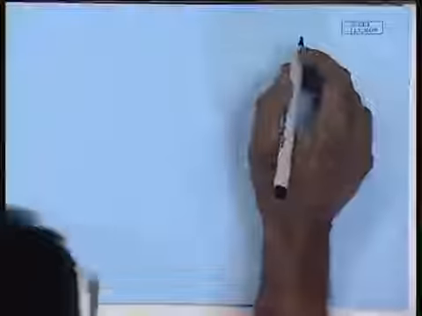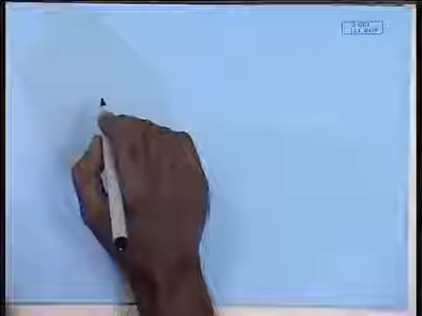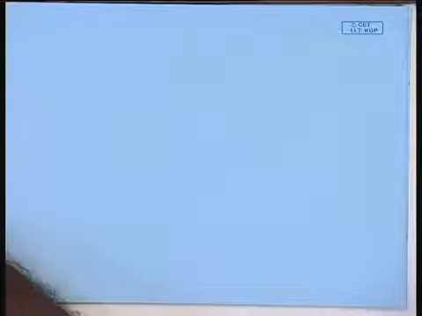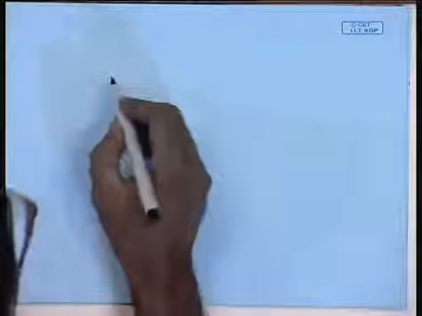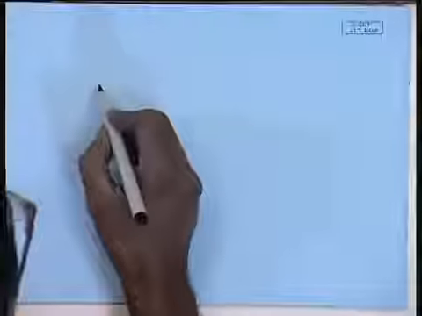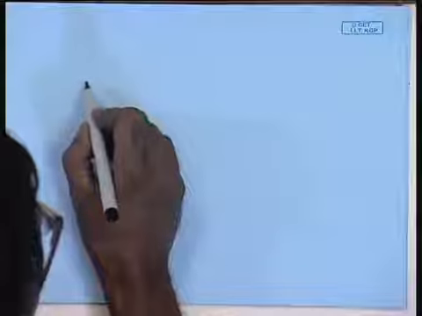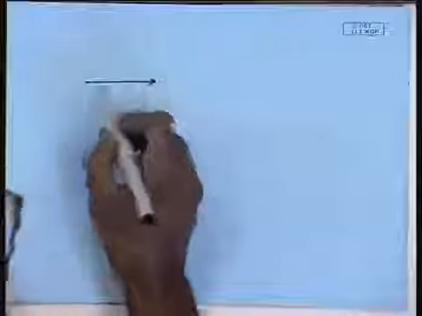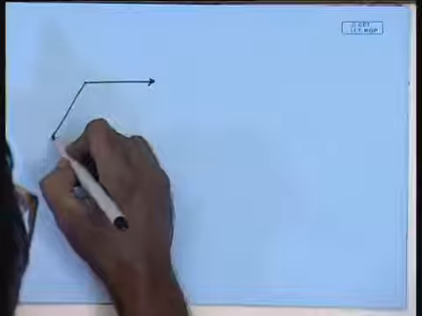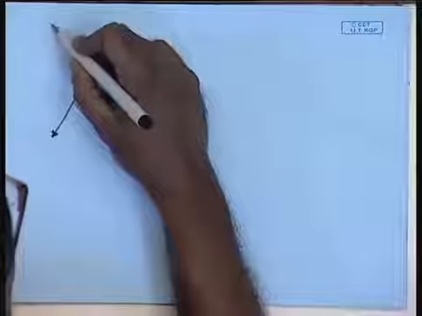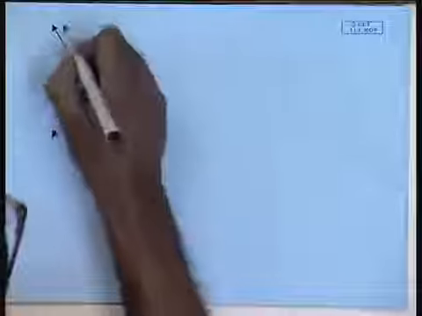So, let us say this is the line current on the high voltage side IA, this is IB and this is IC: IA, IB, IC.